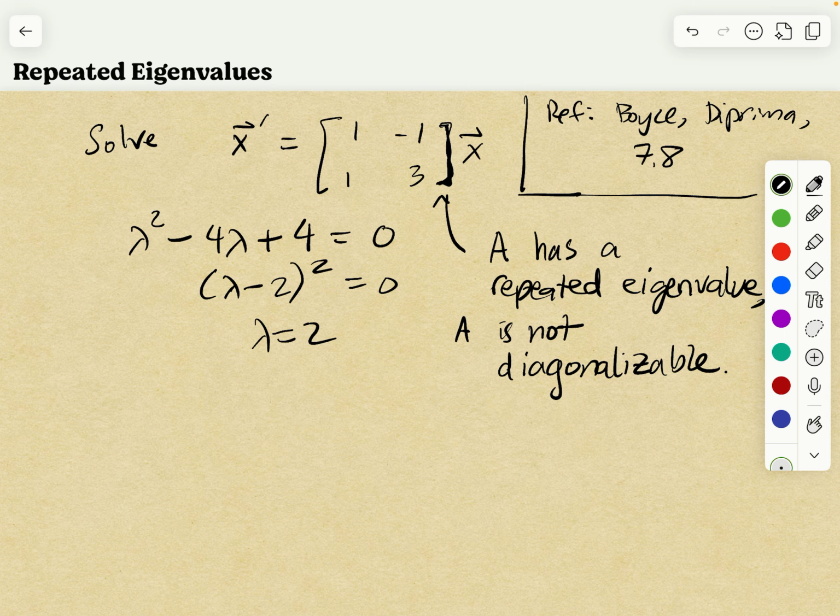So that's why A is not diagonalizable. There is no basis for R^2 consisting of eigenvectors of A.